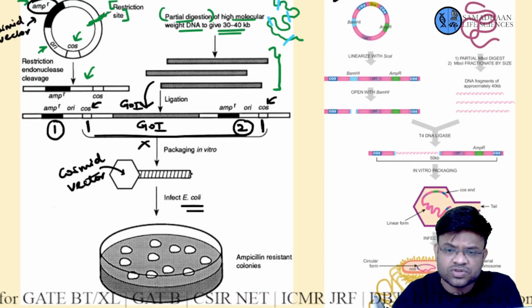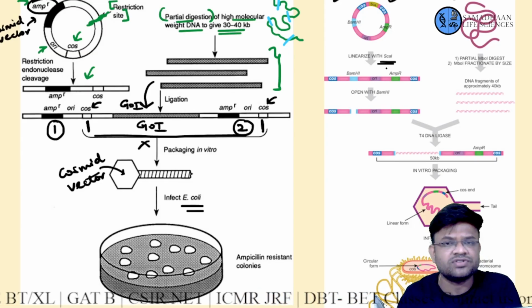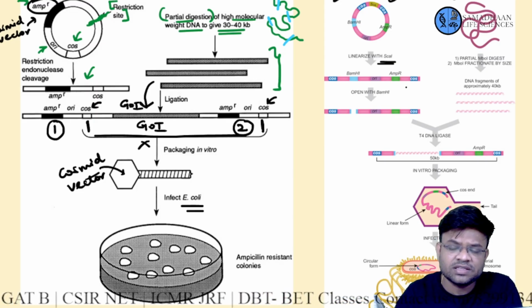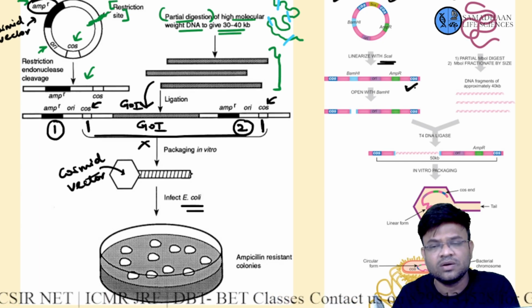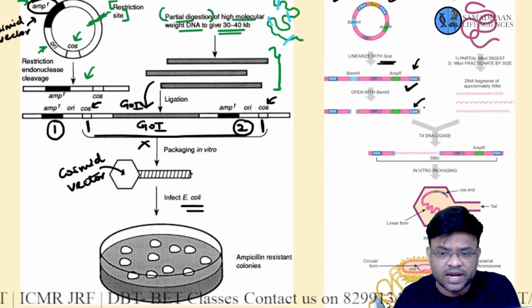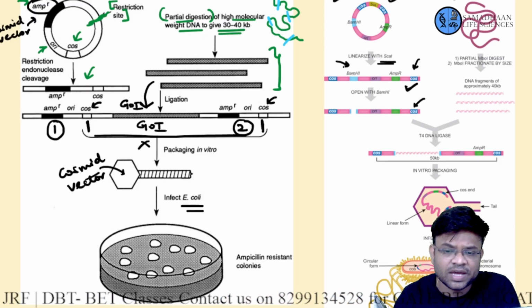So this is the source DNA, this is the cosmid. Now we have used a particular restriction enzyme over here, and because of the use of the restriction enzyme we are getting the linear cosmid vector, and over here there is the cos site. Then you also cleave with BamHI.